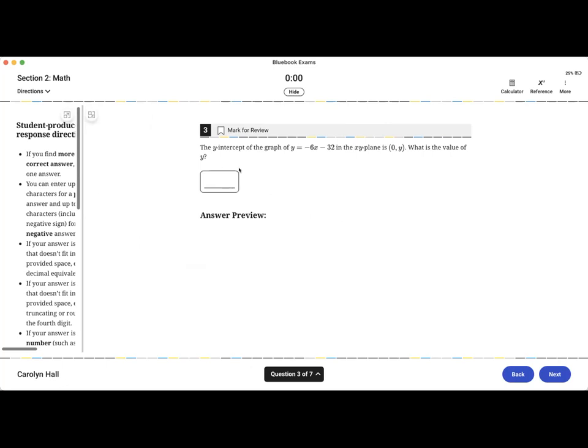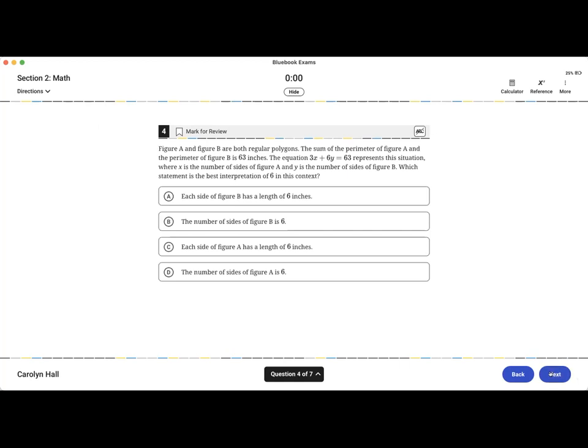What is the value of y? Well, you guys should know y equals mx plus b by now in all of your math classes. So therefore, our y value is negative 32. I'm going to type that in and click next.